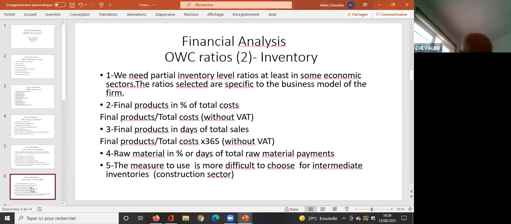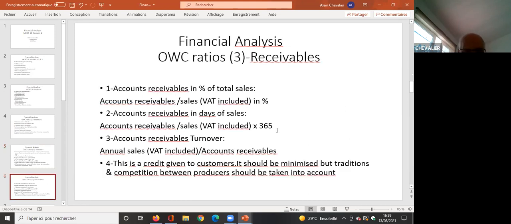Now let's move to the next slide. The next slide is more simple. The problem of receivables is not simple, but the problem of inventories... We have a few very classical calculations, and there is nothing new over time here. The first one is the total of the accounts receivable, in percentage of total sales.